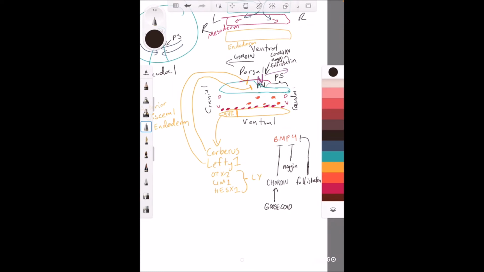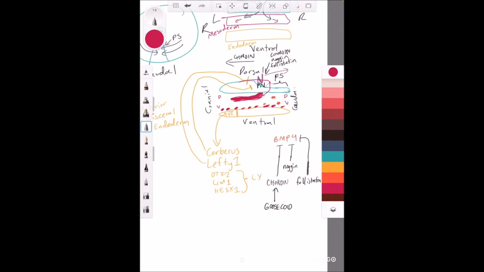So goosecoid will activate chordin, and that'll stop BMP4. So we'll erase all of the BMP4 on the head side from the node forward, but the ones in the back will stay. So now that we've done that, our mesoderm cells can go and make the notochord.